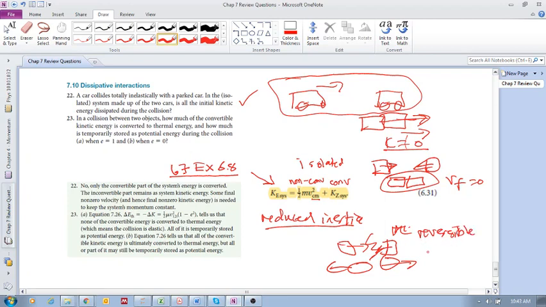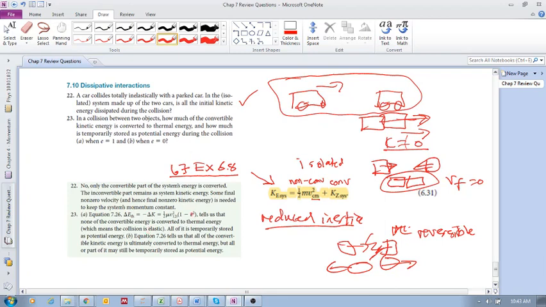It is non-dissipative. That means all of the convertible kinetic energy was temporarily converted to potential and then converted back to kinetic energy. Does that make sense?